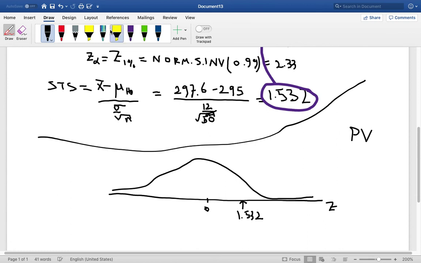And we need to find out the area for the p-value. The area is going to be the area in this tail here, the closest tail. So it's all this area in here.